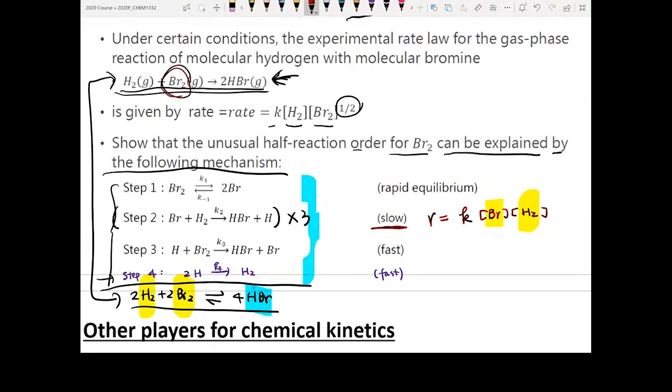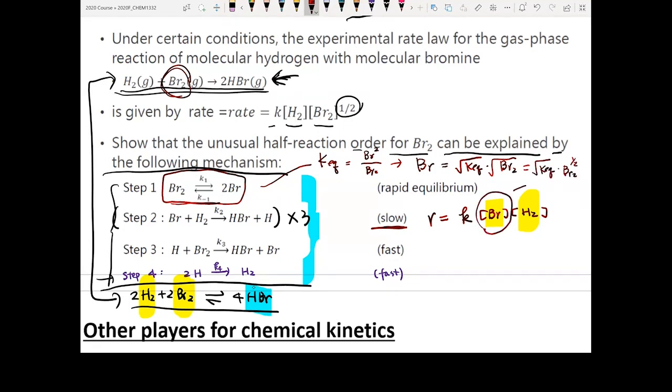The thing we can use is the equilibrium relationship between Br and Br2. From here, you can write your Keq equals Br squared over your Br2. So your Br is simply equal to the square root of Keq times the square root of Br2, which is Keq times Br2 to the 1/2 power. Replace Br with this.